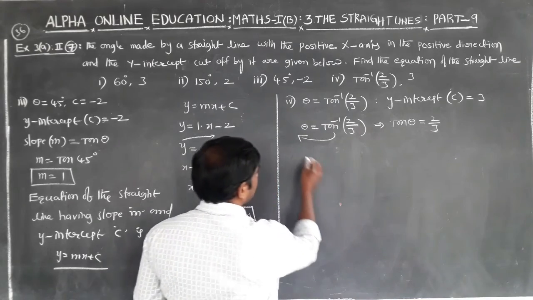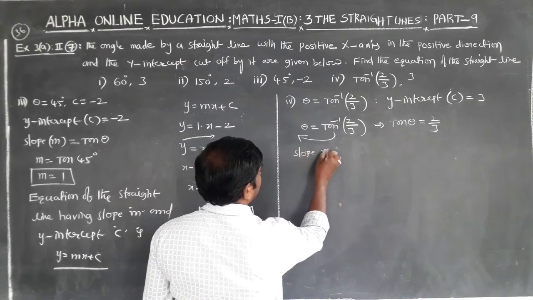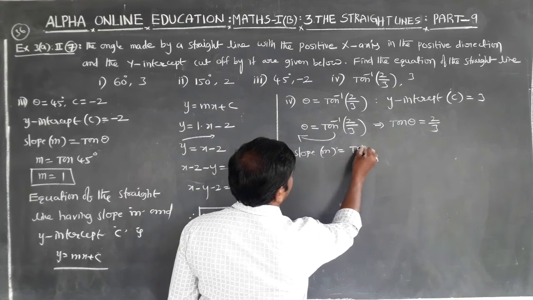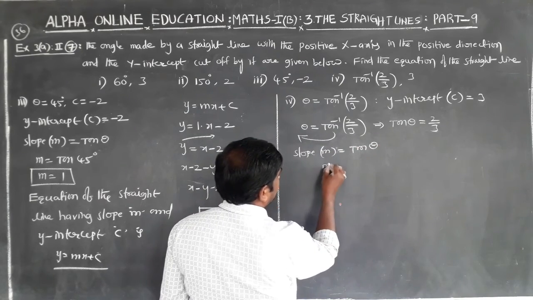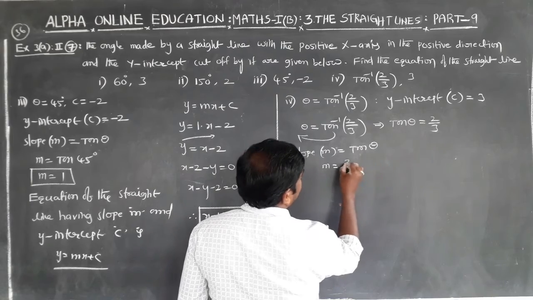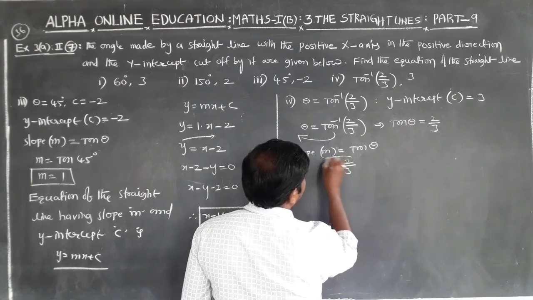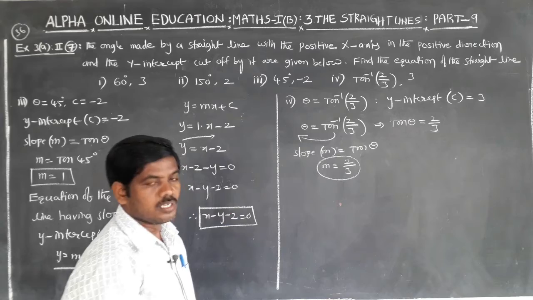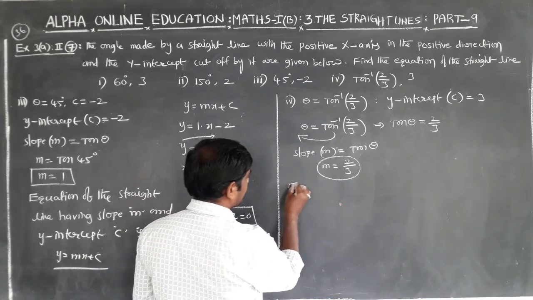Here, first of all, find slope. Slope m is equal to tan theta. Tan theta is equal to 2 by 3. This is the slope of the line.